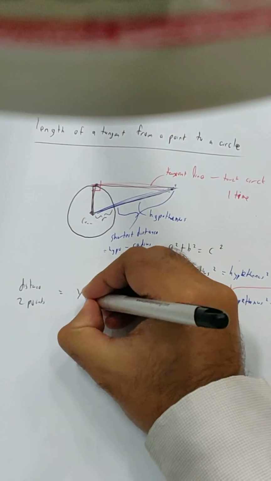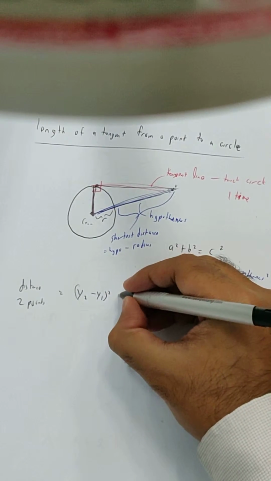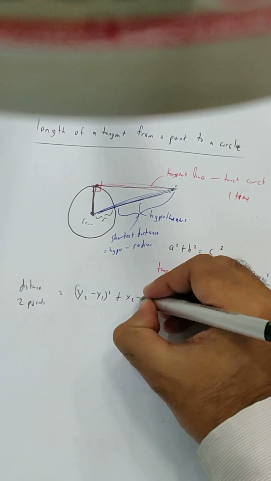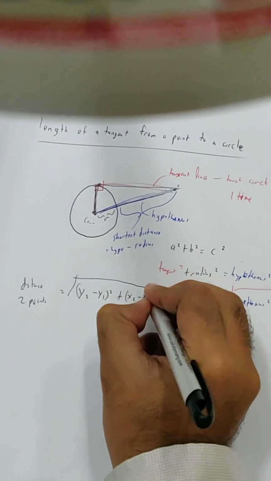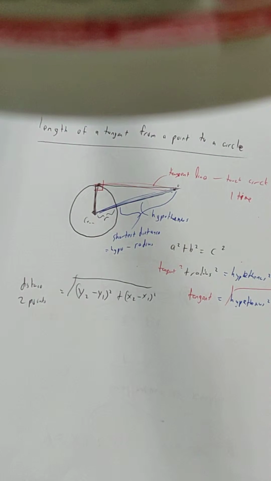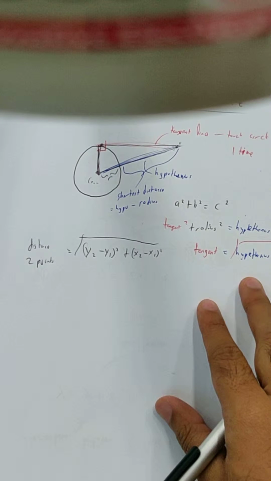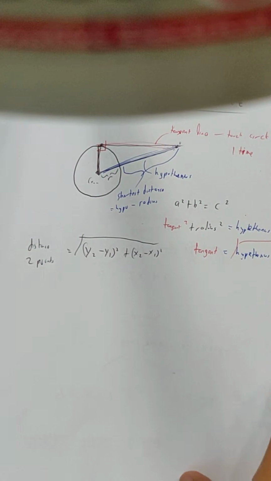Normally we use this one: the square root of y2 minus y1 squared plus x2 minus x1 squared. This is actually the Pythagoras theorem. Let me give you an example for that one. No, I don't have the good numbers. Okay, so let's try an example for this question.